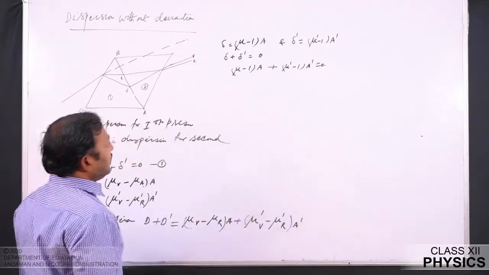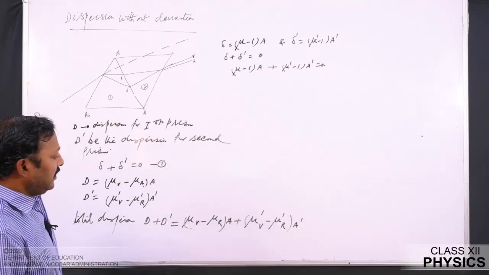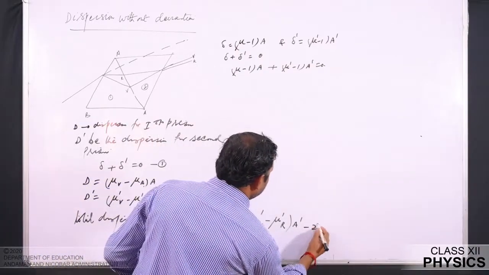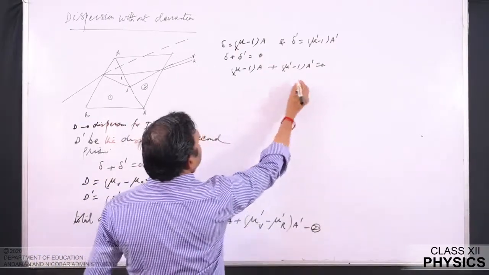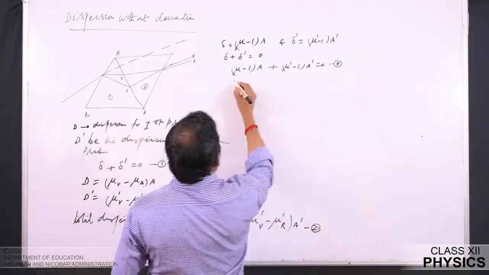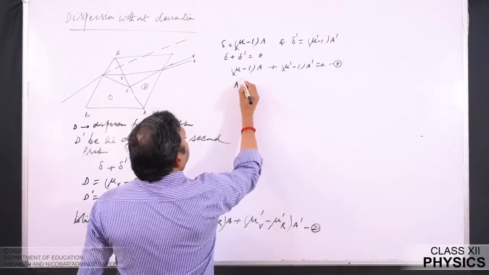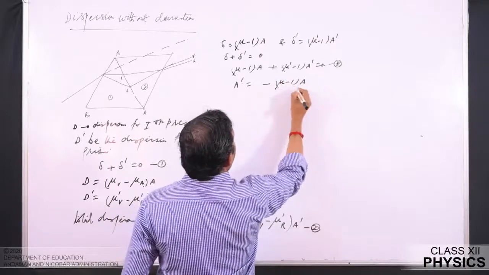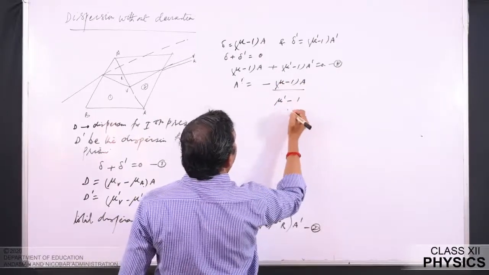From this expression we can find the value of A dash and substitute it in equation 2. So from equation 3 we have A dash equal to minus (mu minus 1) A divided by (mu dash minus 1).